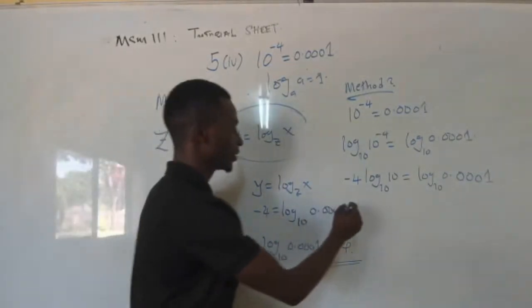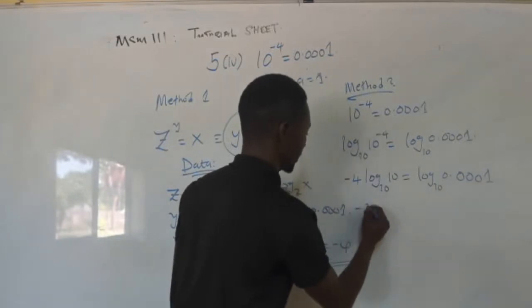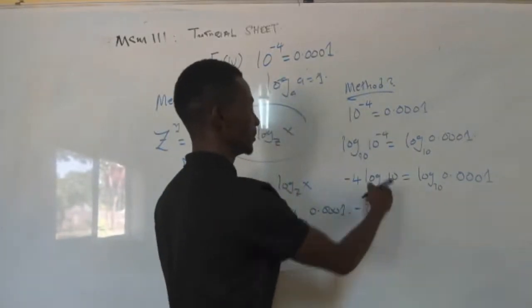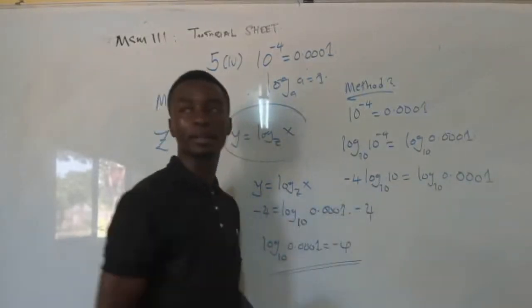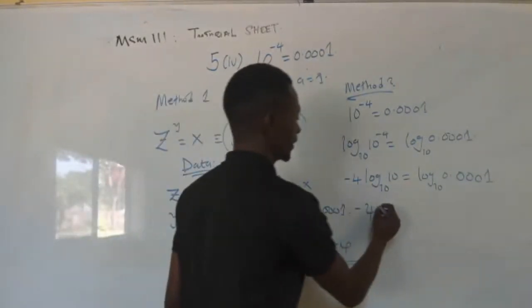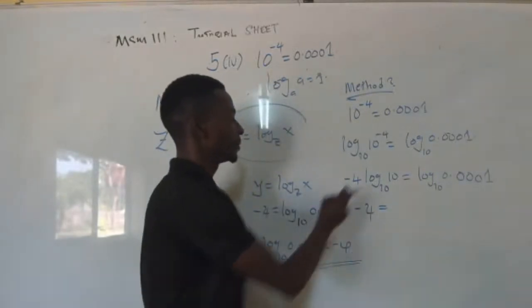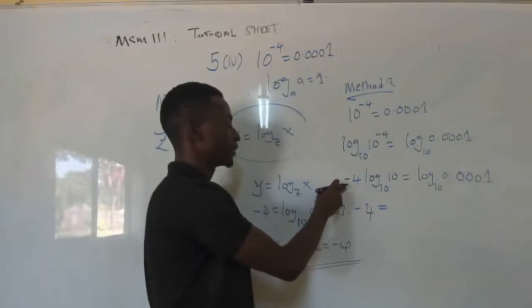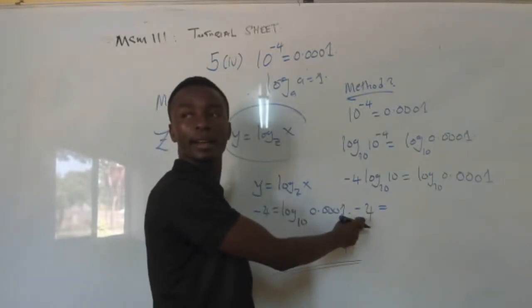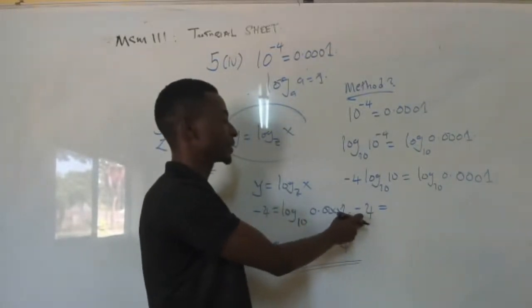So now we have negative 4 multiplied by 1, which is just negative 4. Because log 10 of 10 is 1, 1 multiplied by negative 4 is negative 4.